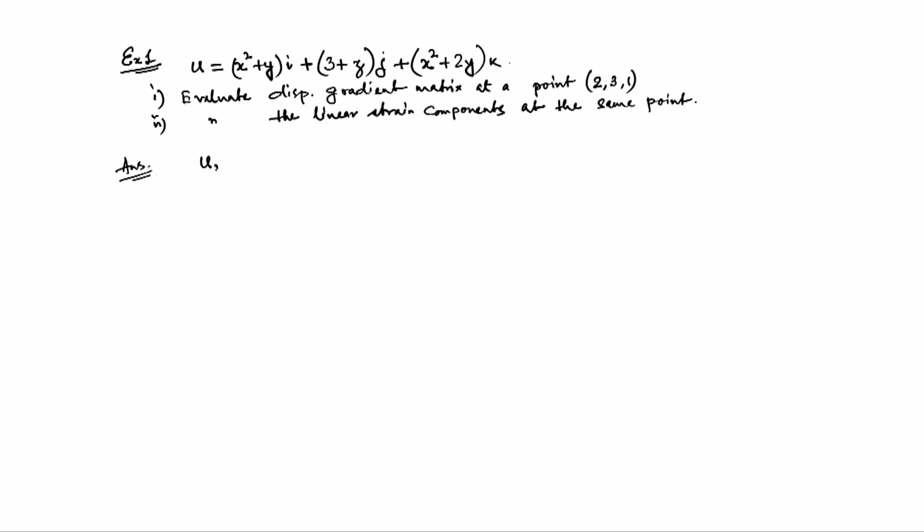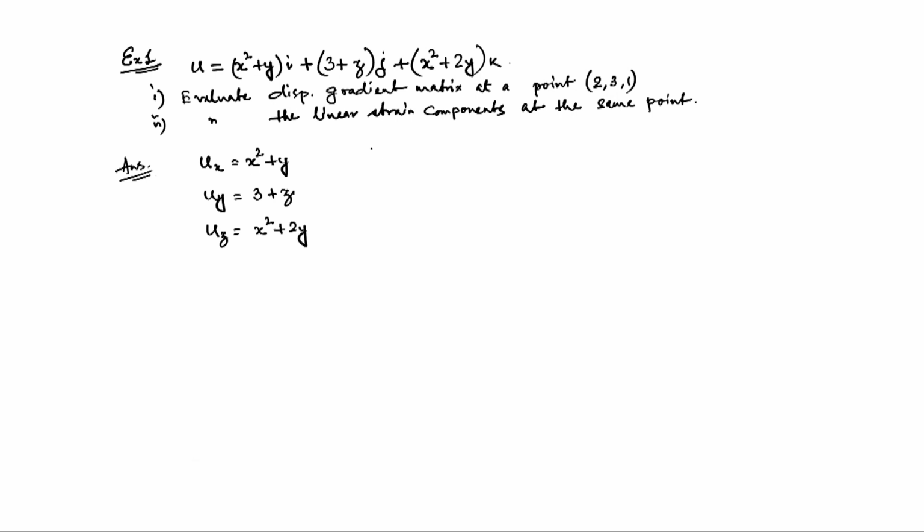We first identify u x, which is x square plus y, then u y, which is 3 plus z, and then u z, which is x square plus twice y, right.